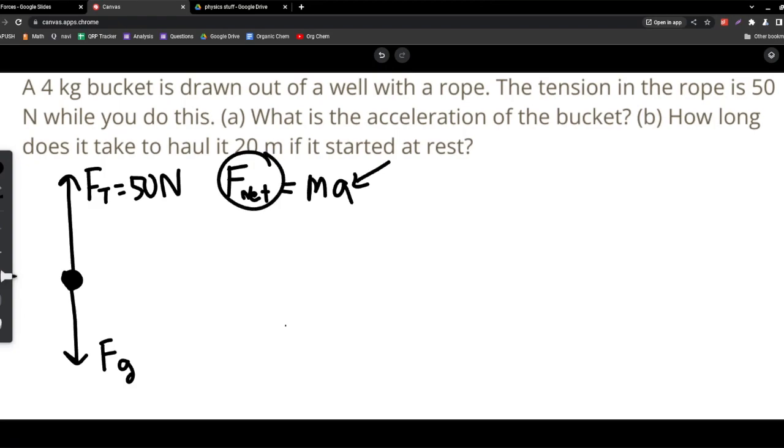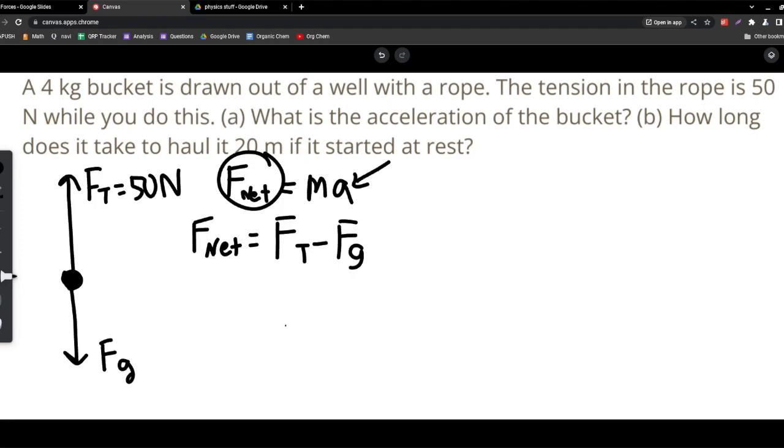Well, this bucket is moving upwards, right? So if we look at our free body diagram, there are two forces that are acting against each other. So we can write that the net force is equal to the tension minus the gravity. And why is it this way and not the other way around?